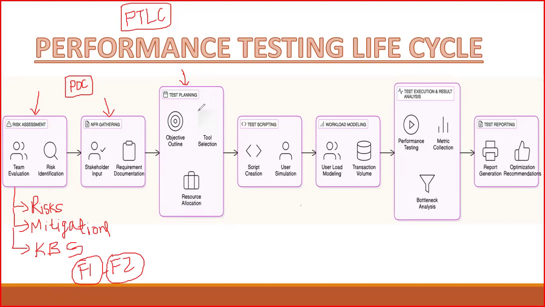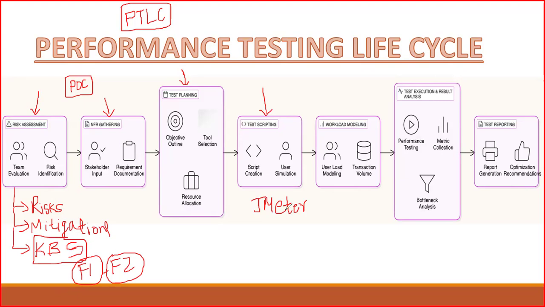Once the document is created, immediately we'll jump into the next step, the test scripting stage. Here we are going to take the help of the performance testing tool. If your client confirms to go with JMeter, then we are going to use the JMeter tool. With the help of the JMeter tool, we are going to record all the flows, all the key business scenarios that we finalized.